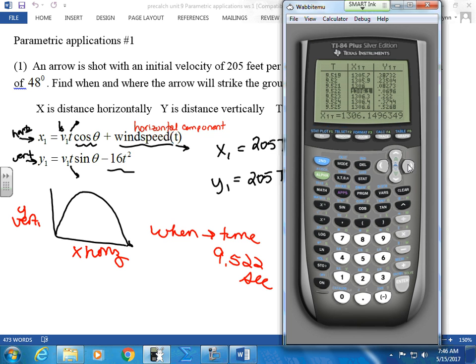So my where will be 1306.150 feet. Okay, so I've got 9.522 seconds, and I am at 1306.150 feet. Make sense?